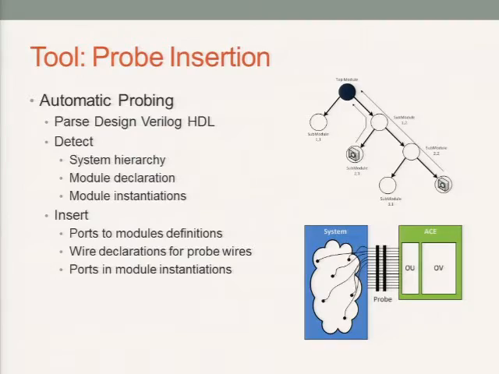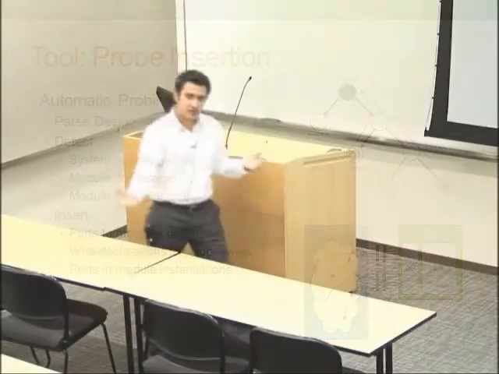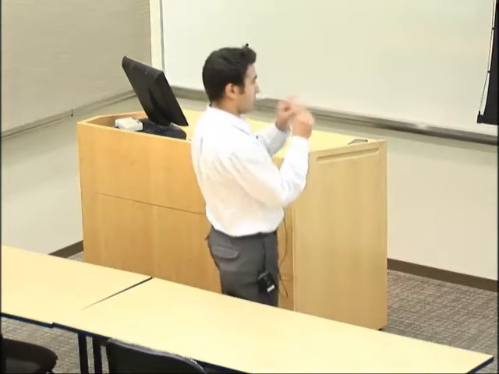Okay, so now we have two parts: mining the specs and synthesizing them. Now, the next step is to insert them into the design. What is missing there is how to automatically attach the probes to the signals that you want to monitor. So this part of the tool we call probe insertion.